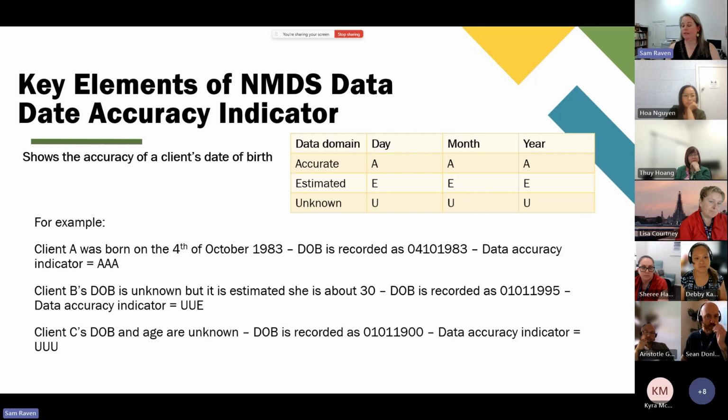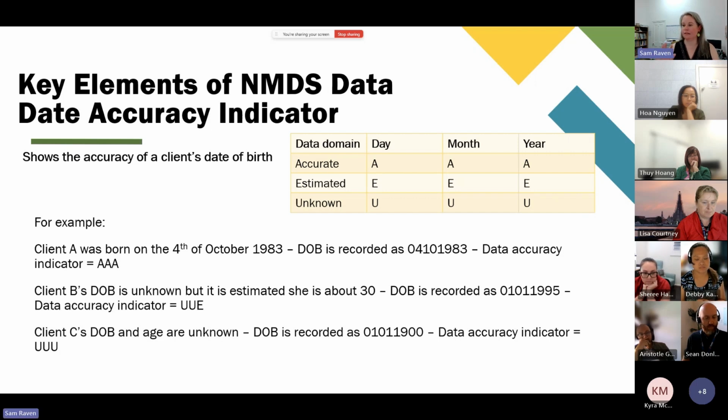Client B's date of birth isn't known. They've chosen not to give it to you, which clients do for all sorts of reasons. But you make an estimation that she's about 30. So you might record her date of birth as 0101 because you don't know her exact date of birth, and 1995, which would make her around 30.